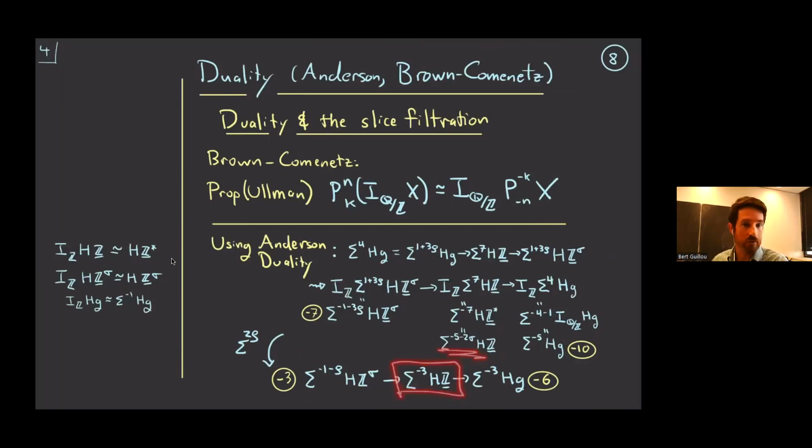And so now we've just learned the slice tower for -3 HZ, starting from the slice tower for the 7 suspension of HZ, using this duality story. Okay, so there are some funny shifts that enter in for various reasons. You might have expected that we would learn about the -7 of Z from the +7. That's not quite right, but we learned about the -3 from the +7. So this is a useful technique.